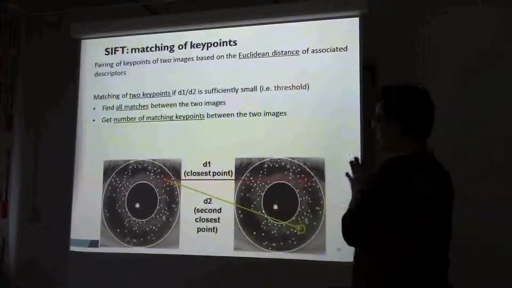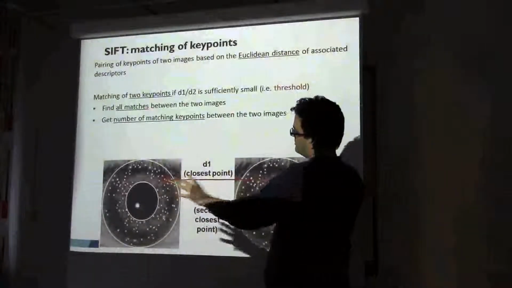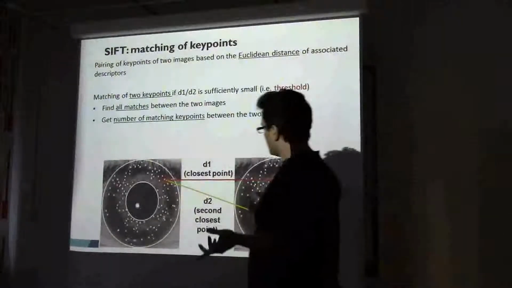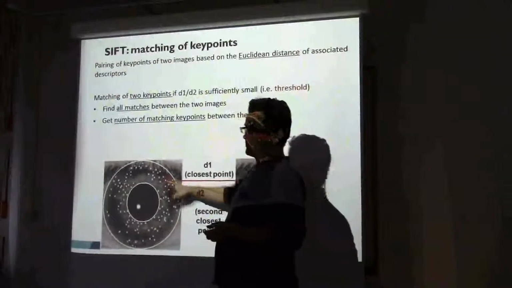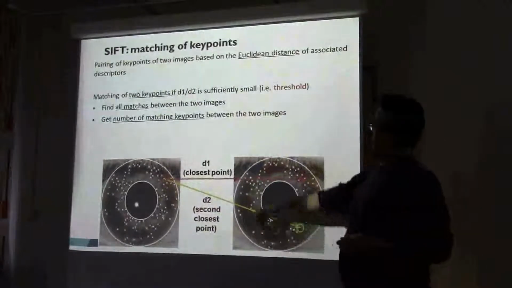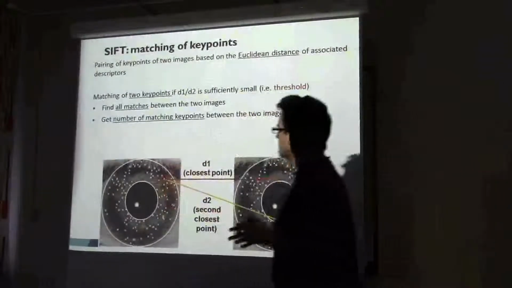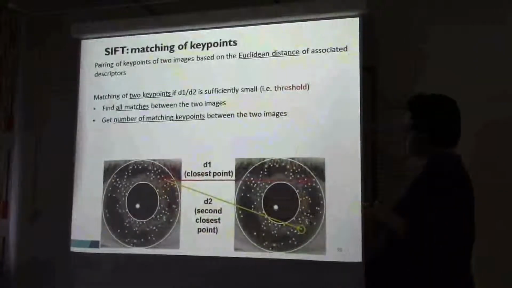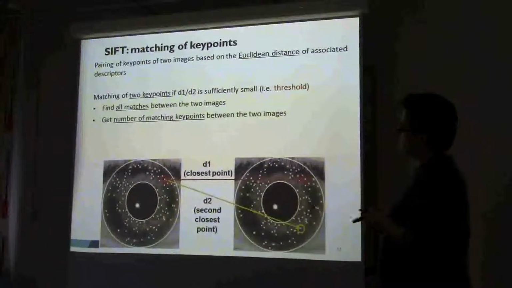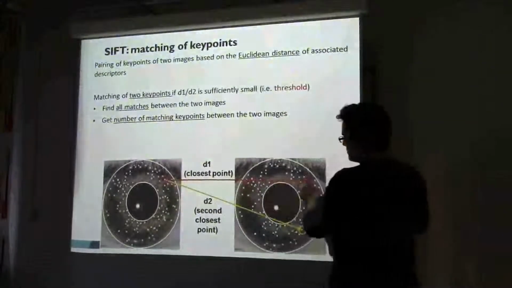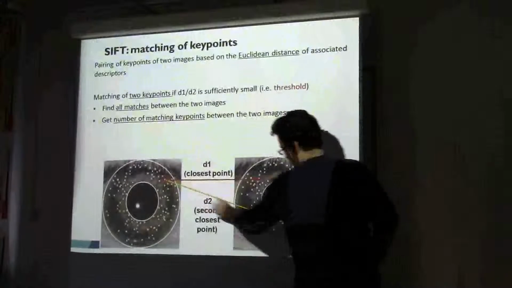And then if you have two different images with different points, you start to analyze. You get one point, find the closest point in the other image, and you do the same for all the points here. But there is a criterion that you can apply. Get the closest point in the other image, and get the second closest point.